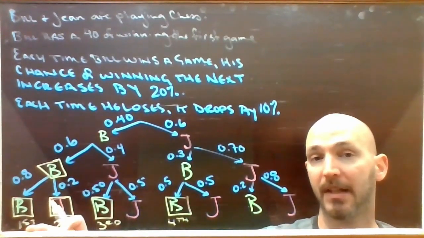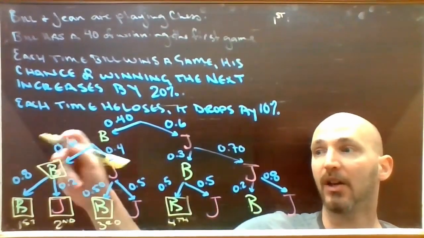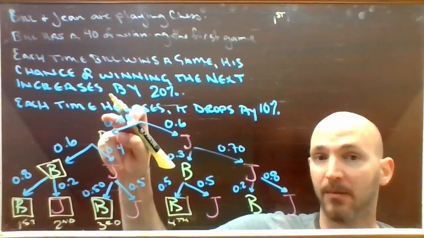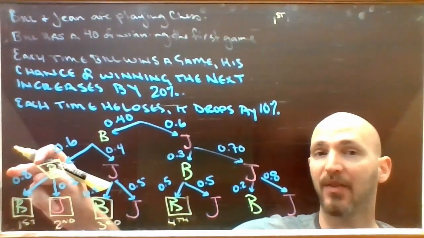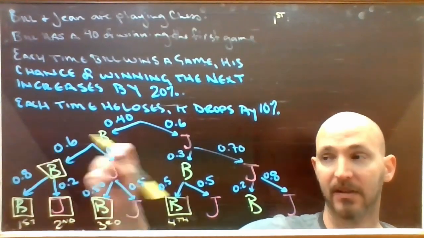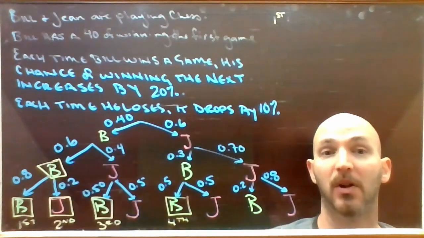In order to land on this particular one, that first branch where Bill is victorious, we had to win this game with a 40% chance, and this one with a 60% chance, and this one with an 80% chance. You hear me saying the word "and" again and again. Those things are multiplications.